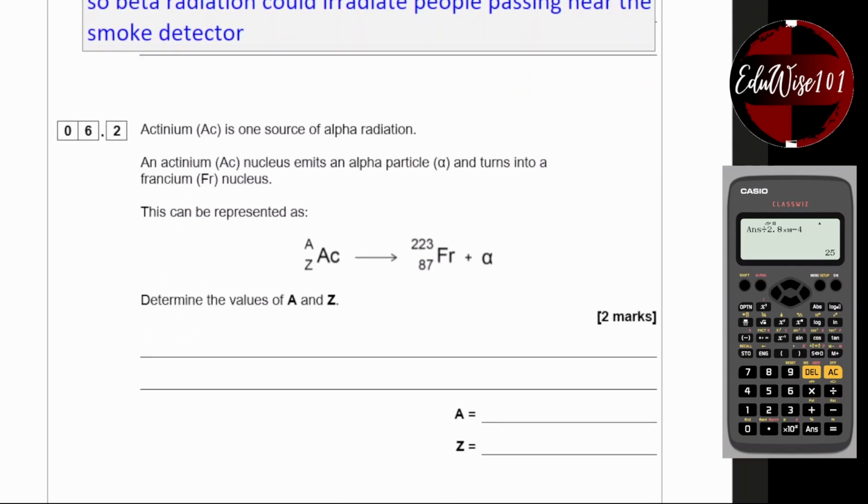Question 6.2. Actinium is one source of alpha radiation. An actinium nucleus emits an alpha particle and turns into a francium nucleus. This can be represented as the following nuclear equation. So what you're seeing here is a nuclear equation.